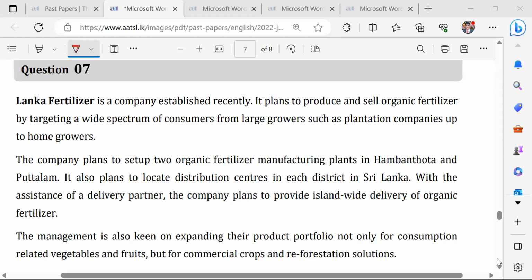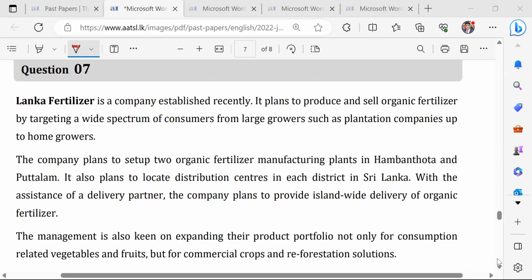Right, then I will read. Lanka is a company established recently. It plans to produce an organic fertilizer by targeting a wide spectrum of consumers from larger growers such as plantation companies up to home growers.